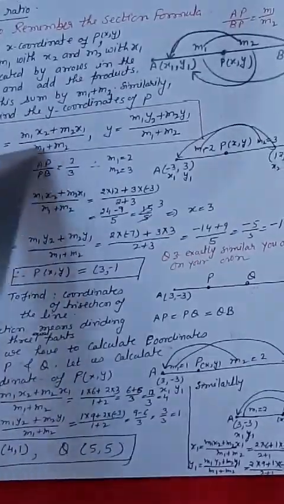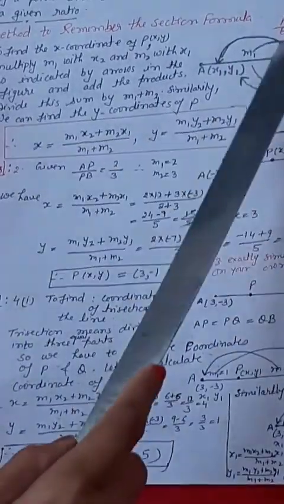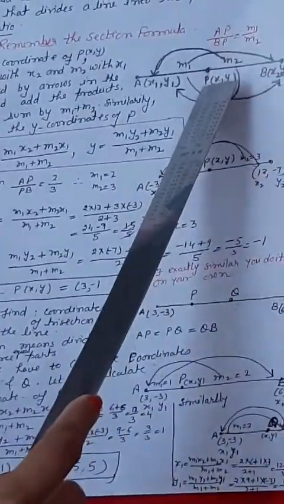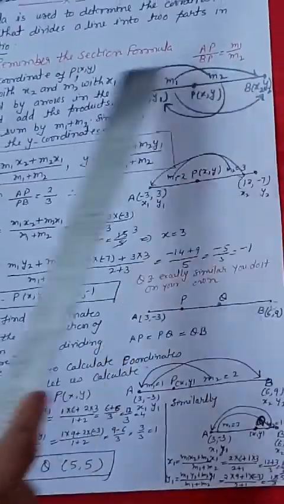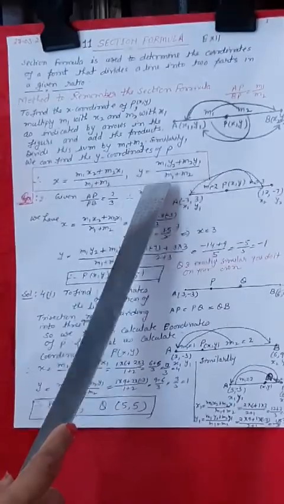You need to remember this formula. So, x and y is the coordinate of the division point P. So, we got the coordinate of the point P, x and y.